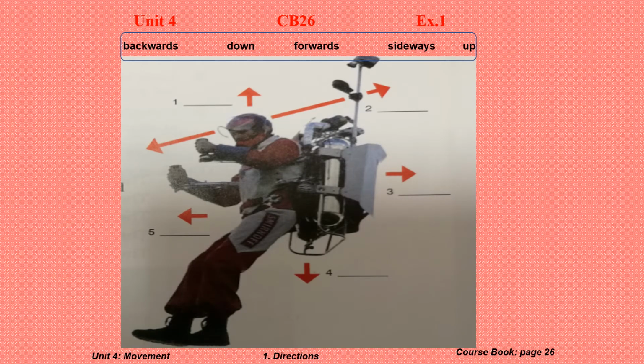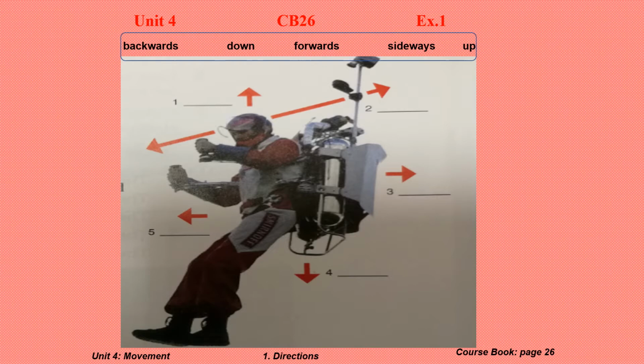Okay, now here in the book we have to label this diagram using the words here: backwards, down, forwards, sideways, and up. So if you look at this man, you will see number one, there is an arrow.